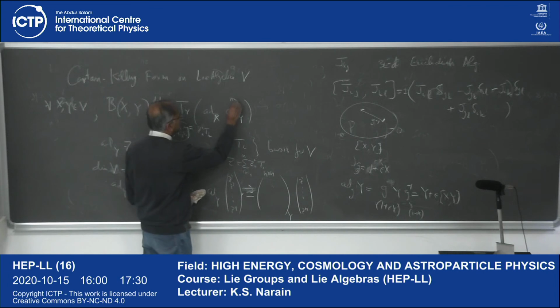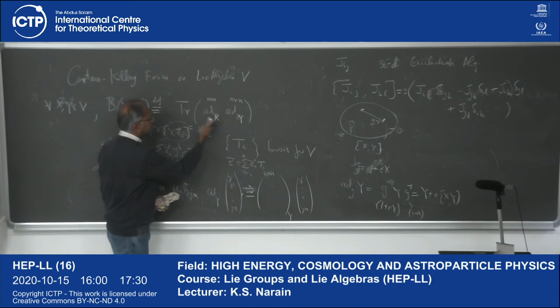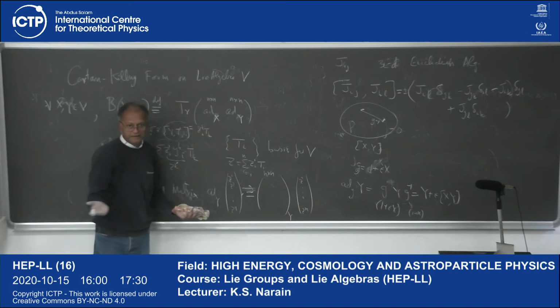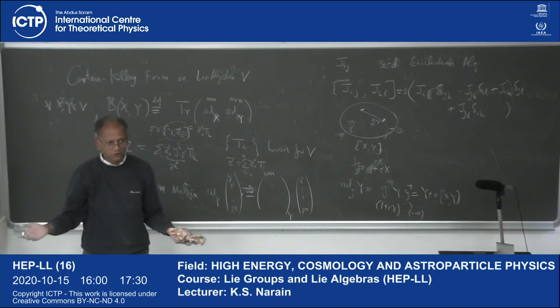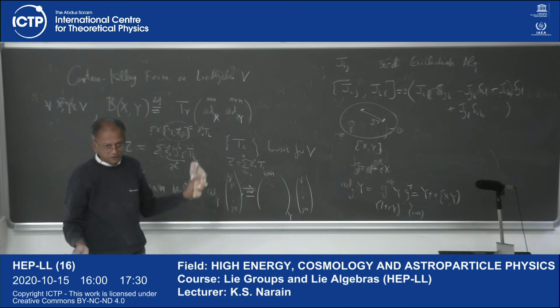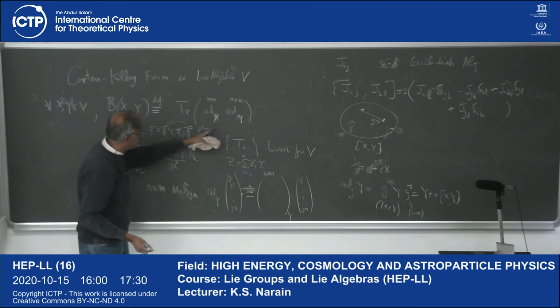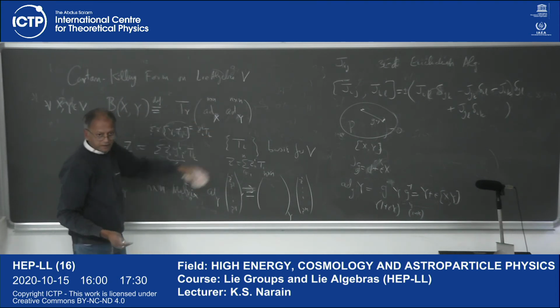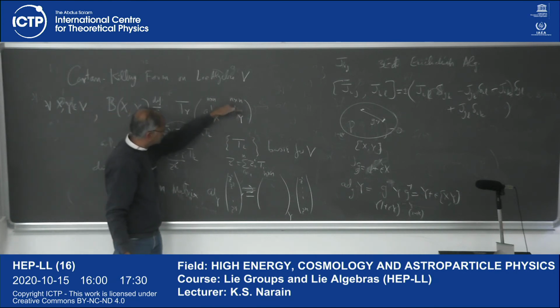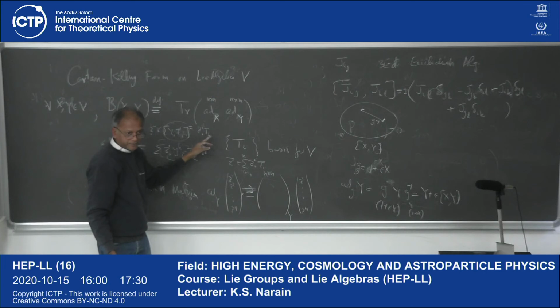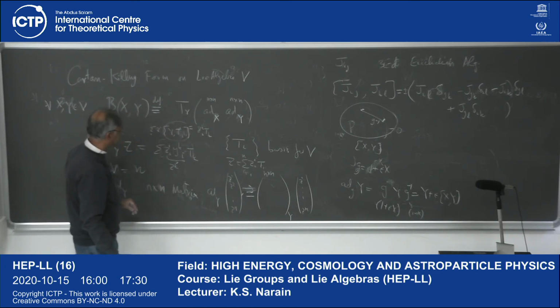So these are both n cross n matrices. Then I can take the product, which is again an n cross n matrix, and the trace is well defined. This is the meaning of that right hand side. Each of them is a square matrix, the dimensionality n being the dimension of the vector space, and then you take the trace over it. So this is the definition.